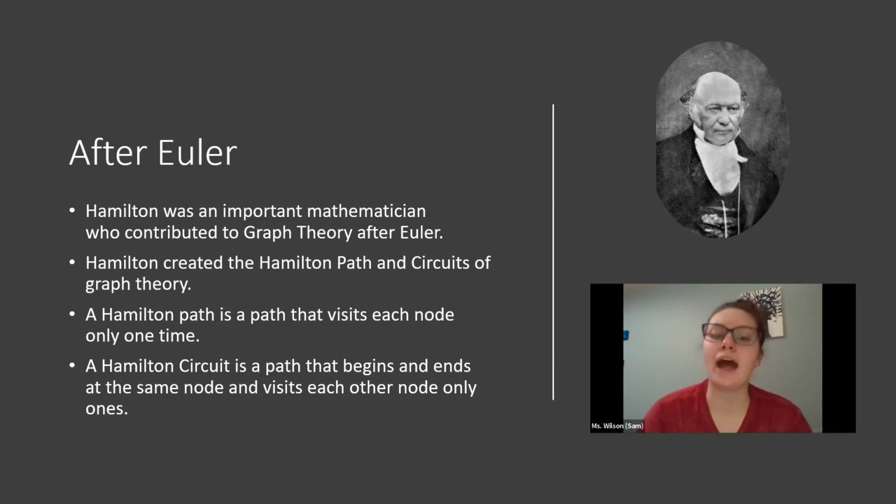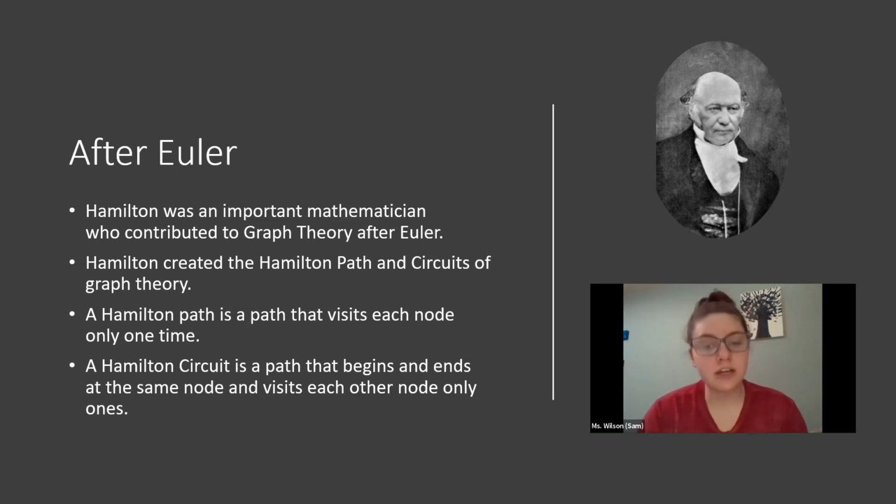A Hamilton path is a path that visits each node only one time. Remembering back to a Euler path, we only visit each edge. But in the Hamilton path, we are focused on the nodes or vertices.